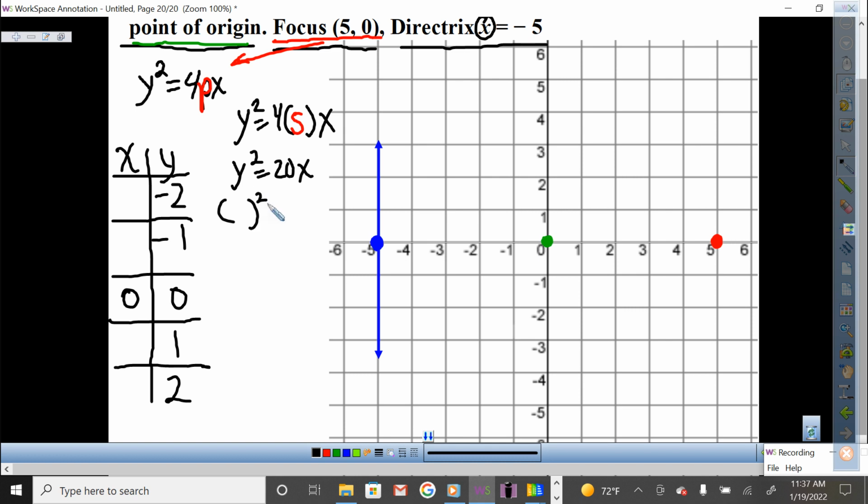So parentheses squared equals 20x. So what's my first value for y? -2. So what is -2 squared? 4 equals 20x. Divide by 20. We end up with 1/5 equals x. Goes right here, and it goes down here.